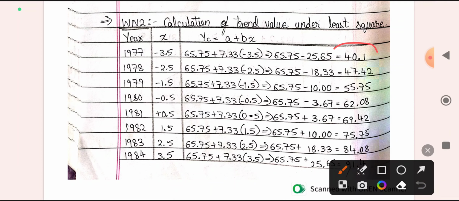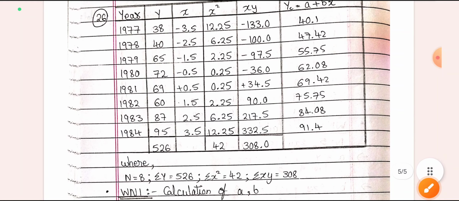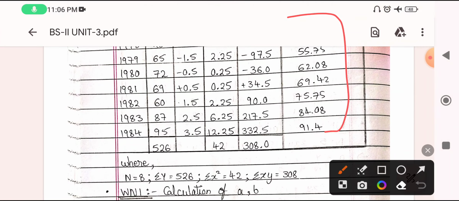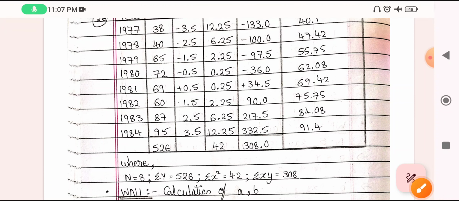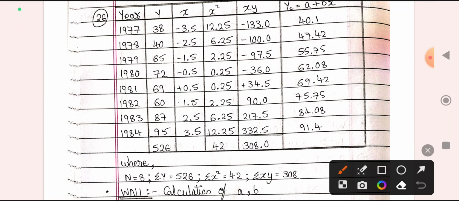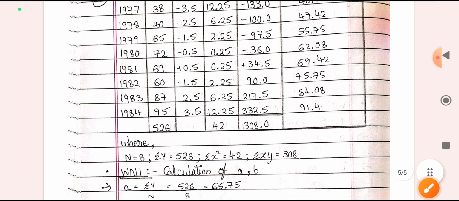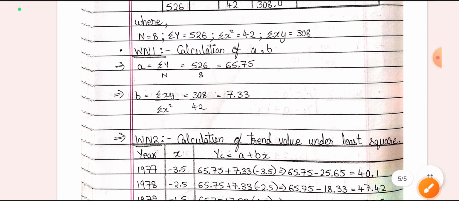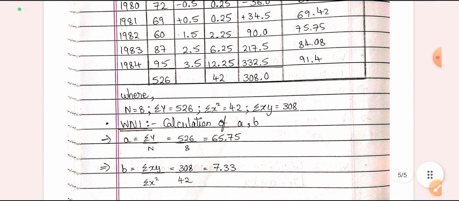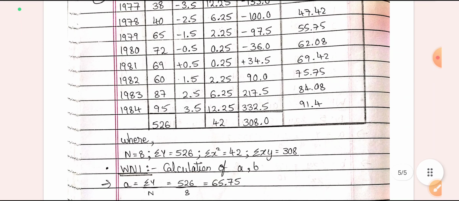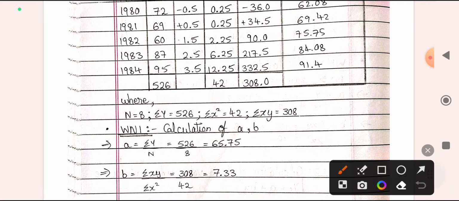These trend values we will write in the main answer, as we did here in the working. So we will write here all the trend values, first year, second year, whatever, 97, 98, 99, like this. But in this question he asked one more additional point: what is the earnings in the year 1985?